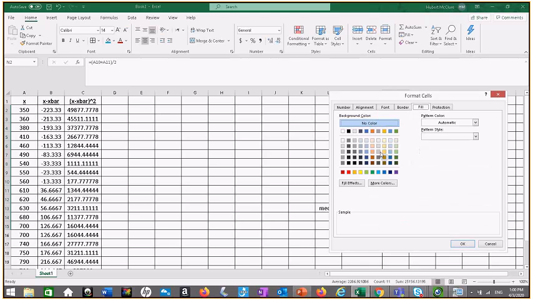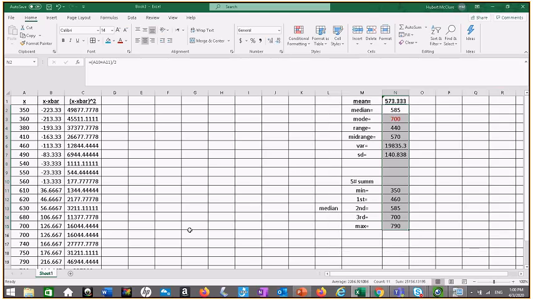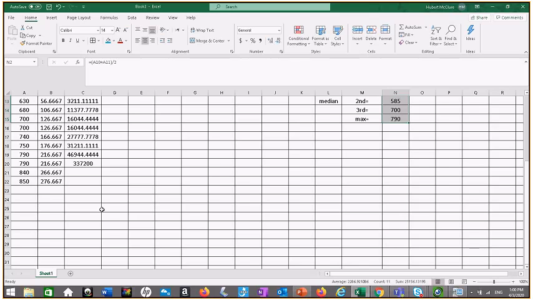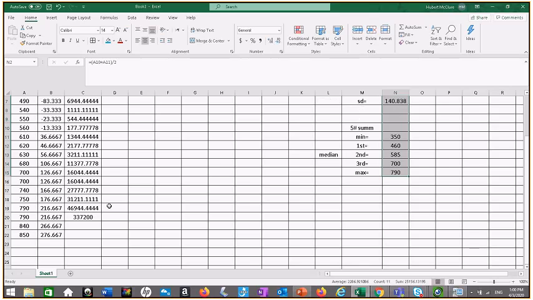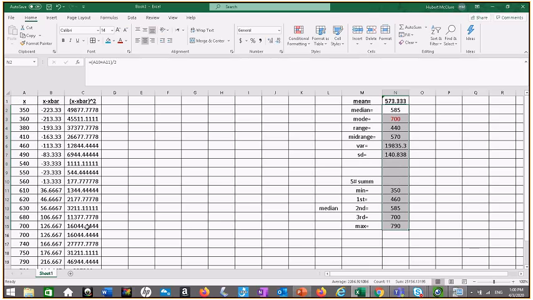Format cell. Okay, so we've got 21 now, right? Yeah. Mm-hmm. Okay, so let me just copy these. I don't know if it's going to, well, the mean's wrong first. So let's change the mean.